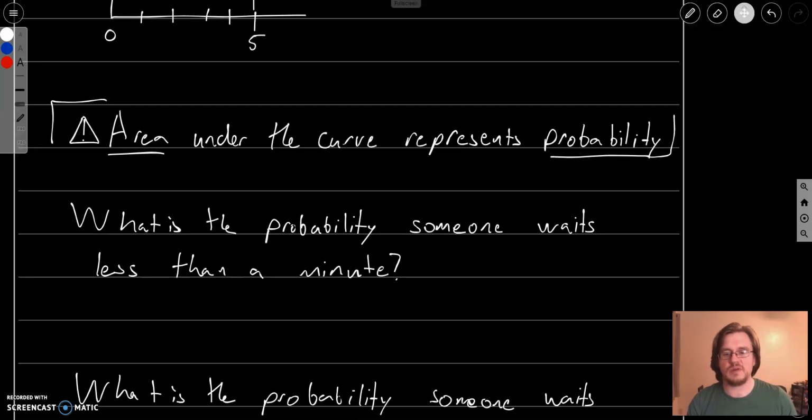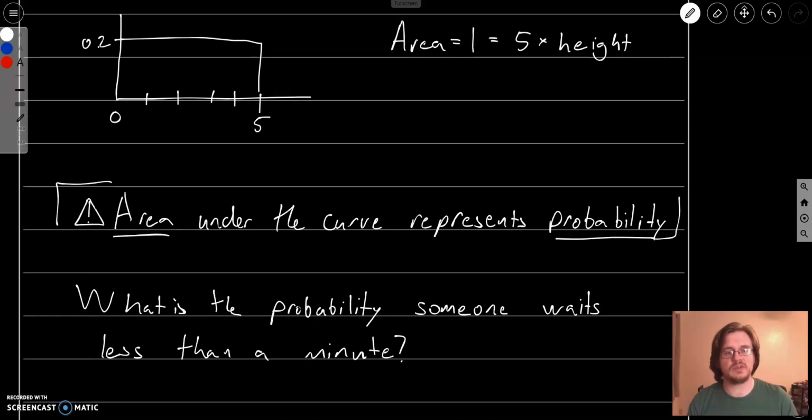So for instance, what is the probability that someone waits less than a minute? If we come back up to the graph, we've got 1, 2, 3, 4, 5. The probability that someone waits less than 1 minute should be the area of this rectangle.